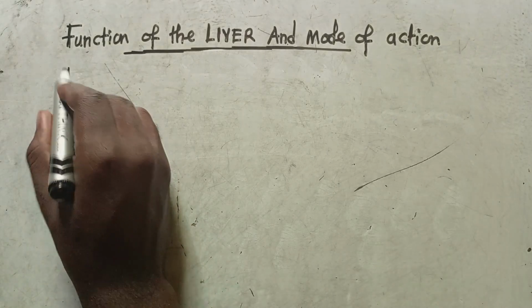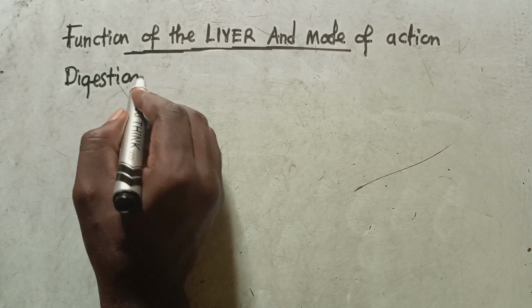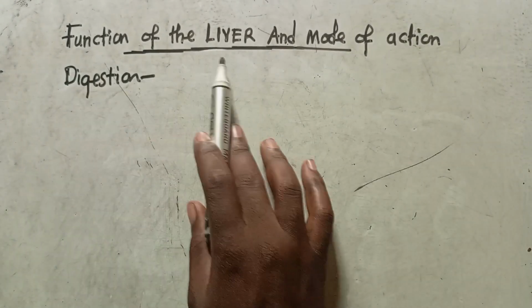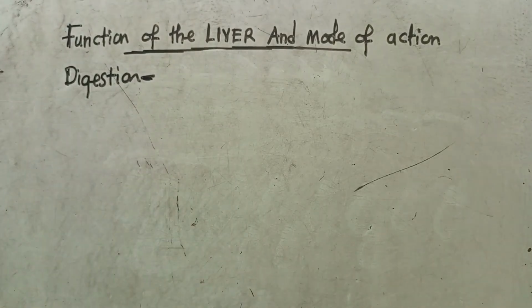First thing I'm going to start with is digestion, before I look at the function of the liver and mode of action. Digestion is the breaking down of food substances into smaller ones.